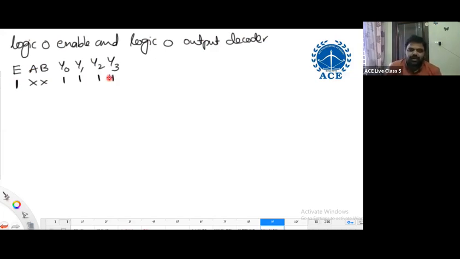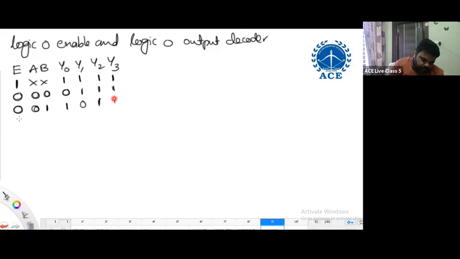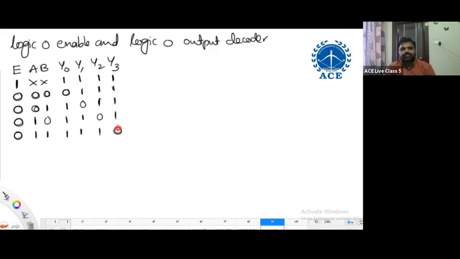Exactly complements. The table is also complementary. When E equals 0, enabled, AB 0, 0: Y0 is 0, remaining are ones. When E equals 0, AB 0, 1: Y1 is 0, remaining are ones. When E equals 0, AB 1, 0: Y2 is 0, remaining are ones. When E equals 0, AB 1, 1: Y3 is 0, remaining are ones.